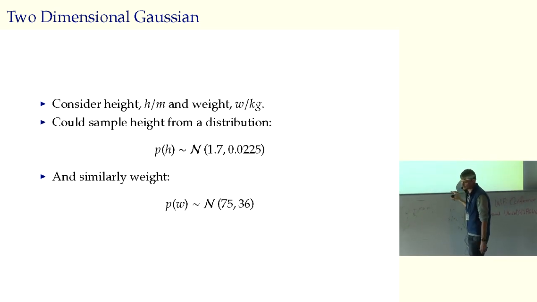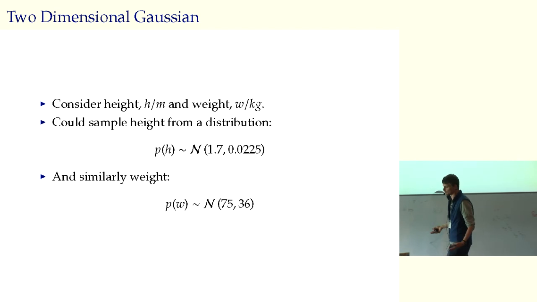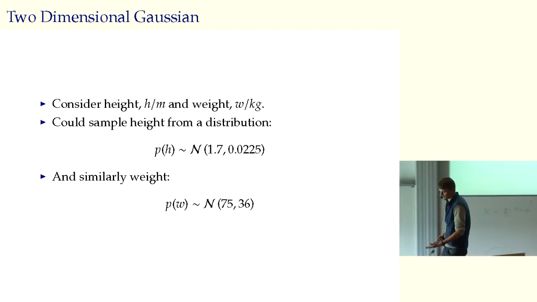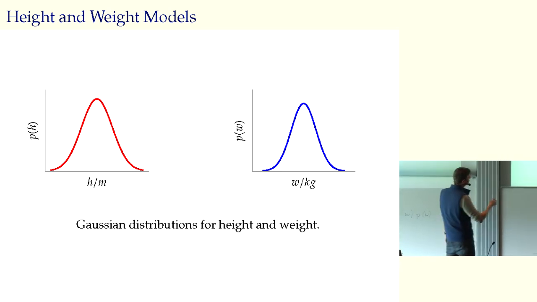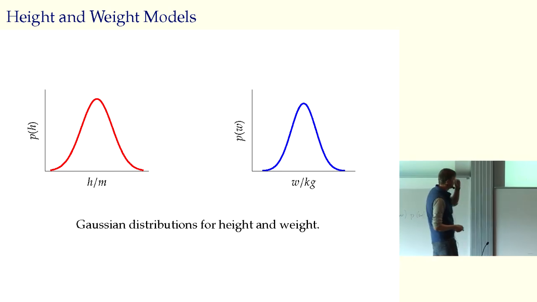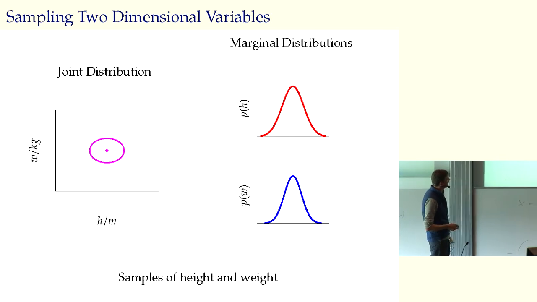So one easy way to go multivariate Gaussian is just to take two variables and sample them independently as Gaussian. So if we've got two variables, height and weight, and we say they're both Gaussian distributed, then we can sample one and then the other, and then we can plot one against the other.